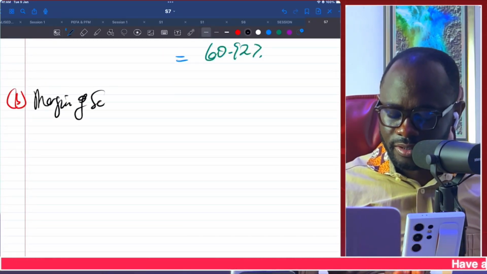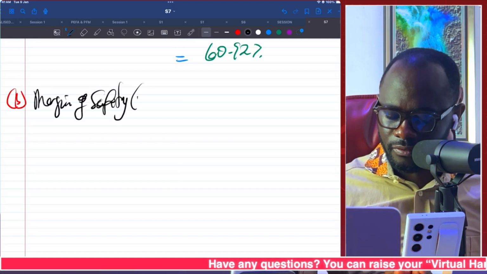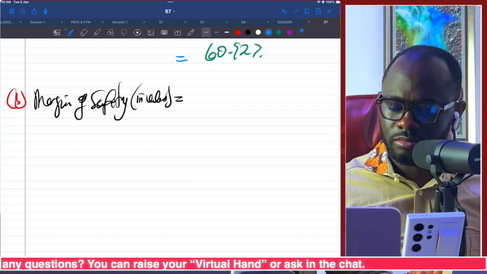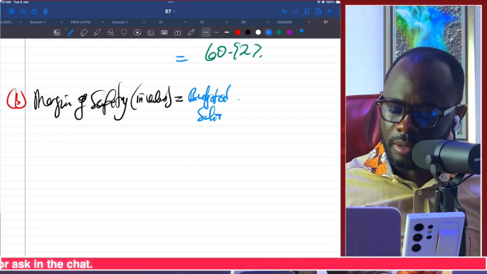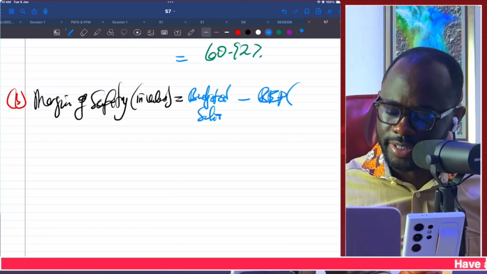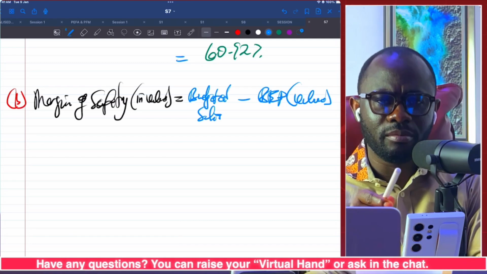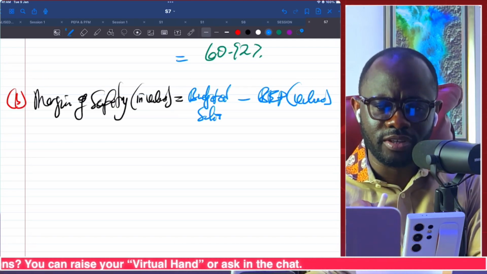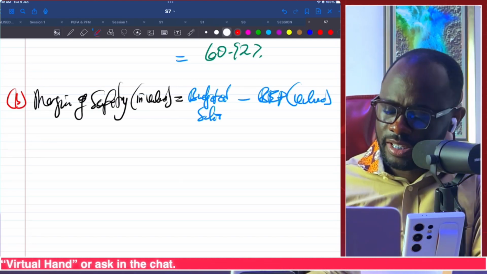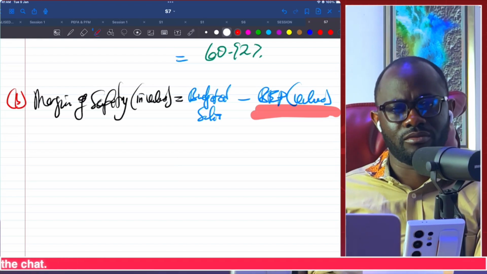Margin of safety in value is your budgeted sales minus break-even point in value. So in order to calculate the margin of safety in value, we need the break-even point in value.